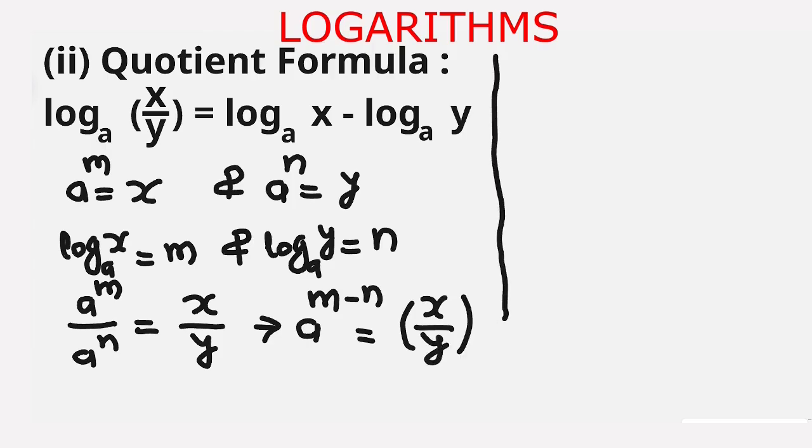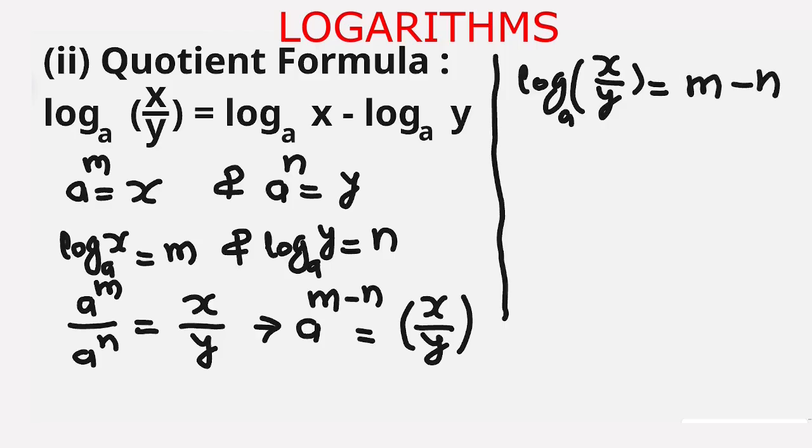Now we apply the definition of logarithm. As per that definition, log of x divided by y base A equal to m minus n, and we can put the value of m and n.